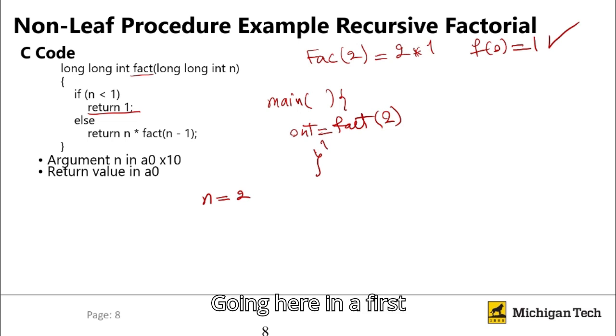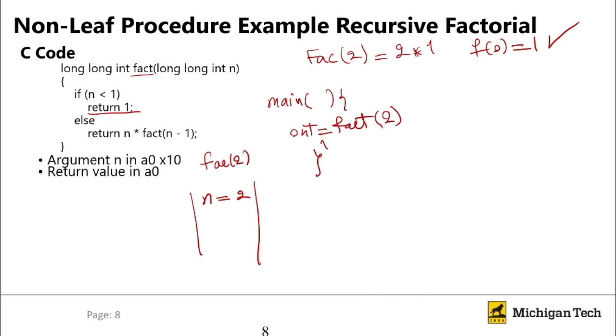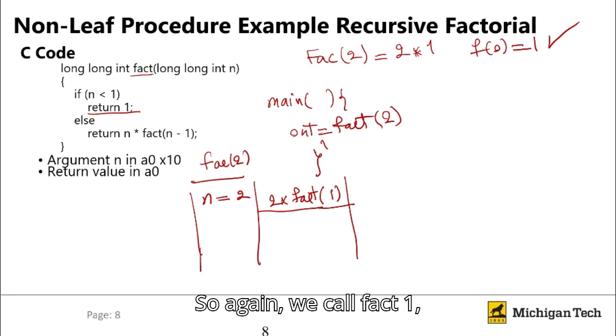Okay, going here for factorial of 2, n is 2, and if n is less than 1, it is not, so we return 2 multiplied by fact(n minus 1), so fact(1). So again we call fact(1). We jump to fact(1), n is 1.